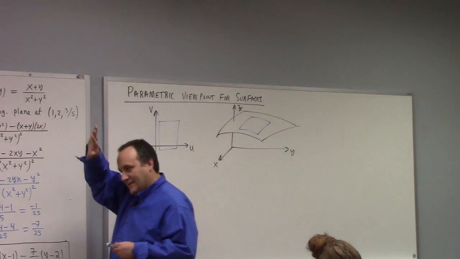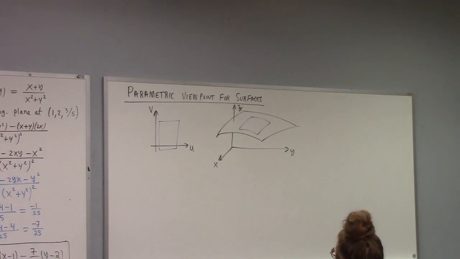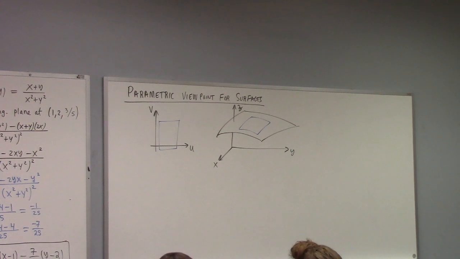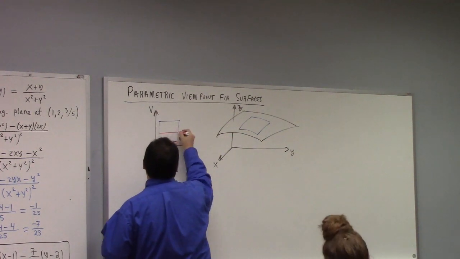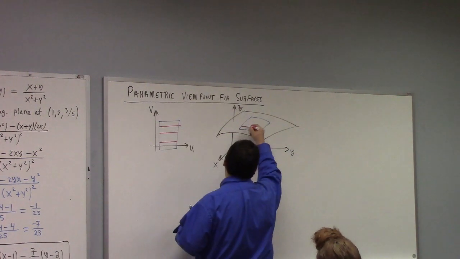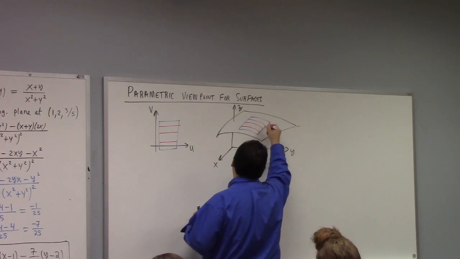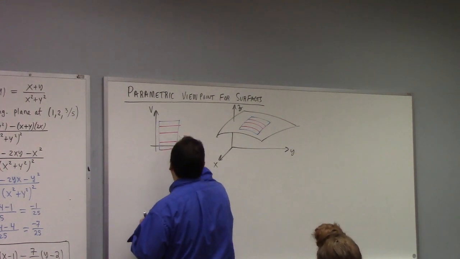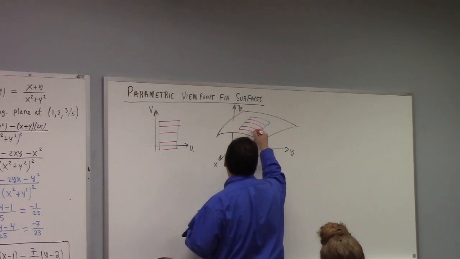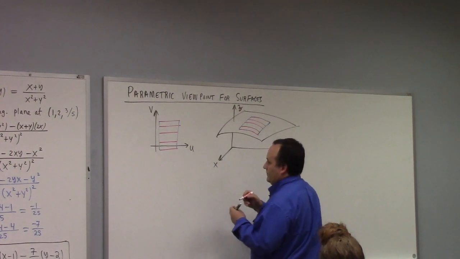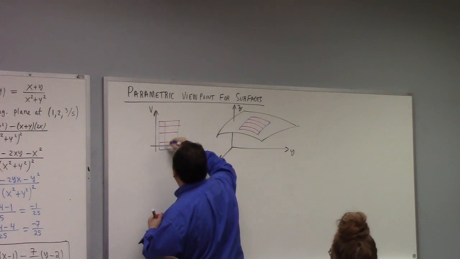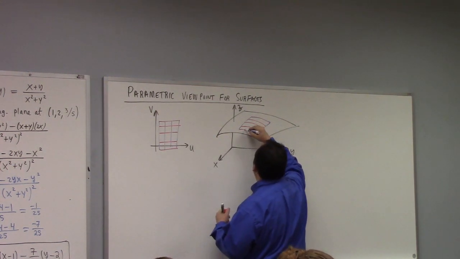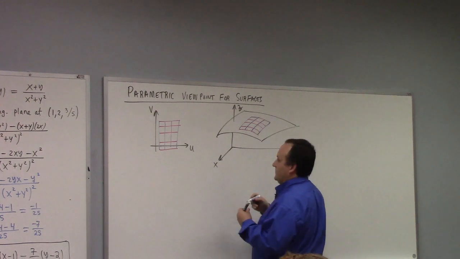It gets curved and laid and glued onto this particular subset of 3 dimensions. You might have these horizontal lines, and they get mapped to maybe something like this. And the blue lines are vertical lines, and they would get mapped onto these curved lines over here.